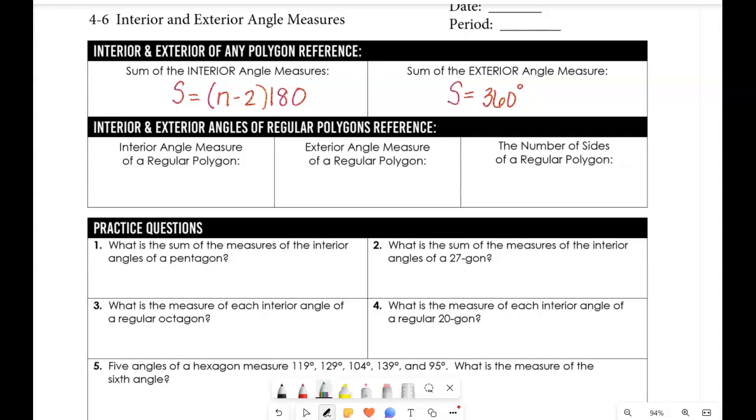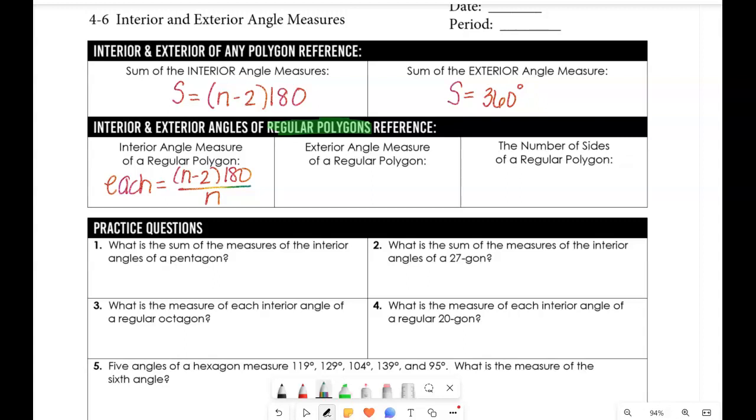Now the next line is specifically referencing regular polygons. We can see it right here. Now we're talking about regular polygons. So how do I find each interior angle of a regular polygon? Each equals the sum formula, and then we have to come back and divide by the number of sides.